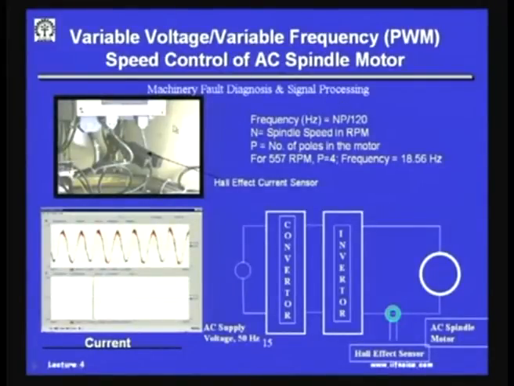This current was measured using a Hall effect sensor, because this had a variable frequency drive, and this RPM was 557 RPM. It corresponded to a frequency of 18.56 Hertz, and if you look at the current measured by the Hall effect sensor driving the spindle motor, you will see this current to be a sinusoidal signal, and a single frequency is shown in this current.